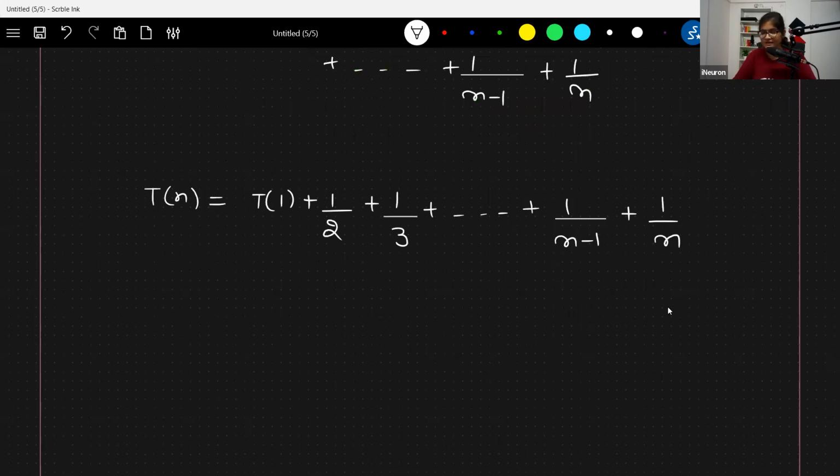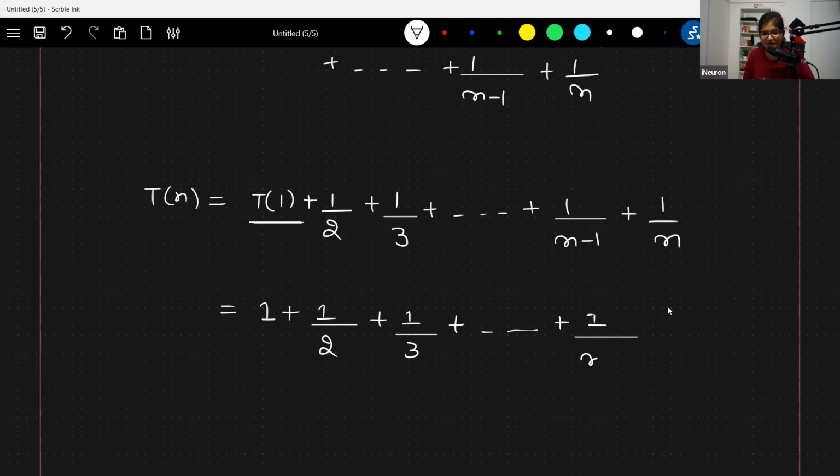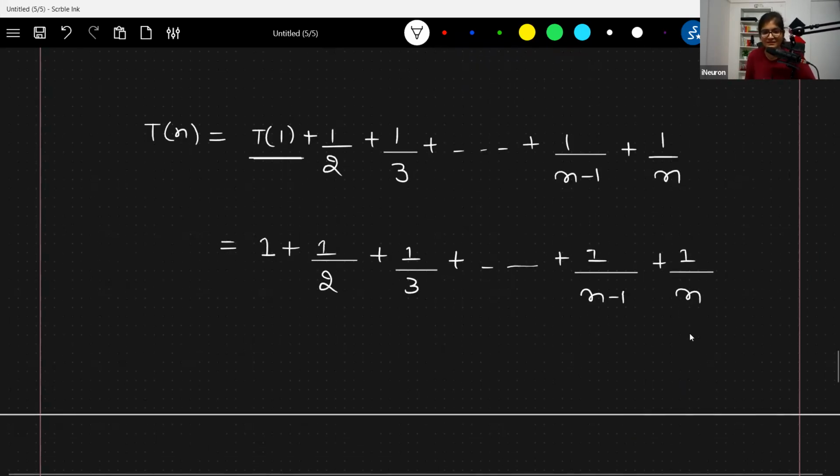Yes? Now this t of 1, we can write as 1 because now we know the answer of t of 1, which is equal to 1 plus 1 by 2 plus 1 by 3 until 1 by n minus 1 plus 1 by n. Can I say? This is nothing but a logarithmic series.